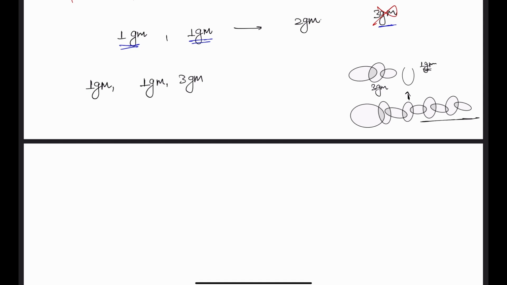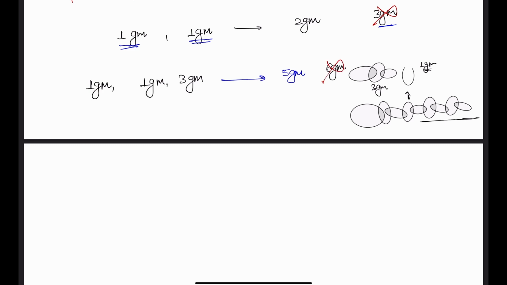With this much cut, can we say how much we can measure? If we have this much cut, we can measure till 5 gram. What we cannot measure is 6 gram. So let's just cross it.